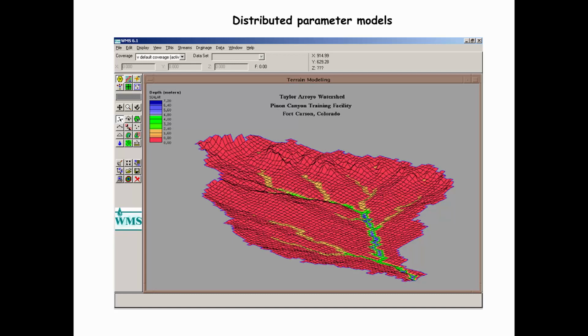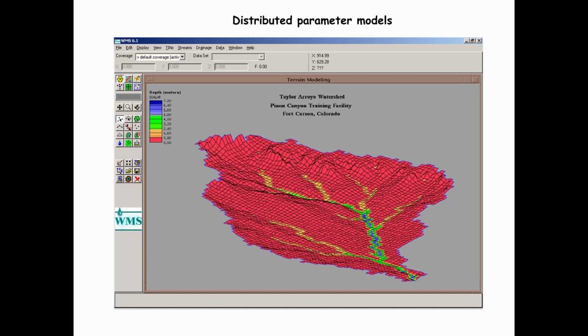A distributed parameter model like the GSSHA model, which is represented here, is for a watershed that is broken up or subdivided into many small squares. Governing equations for conservation of mass and momentum, and also for solute transport, are applied to each of the squares, and those are combined together in a numerical model to route flow from up in the watershed to the outlet.